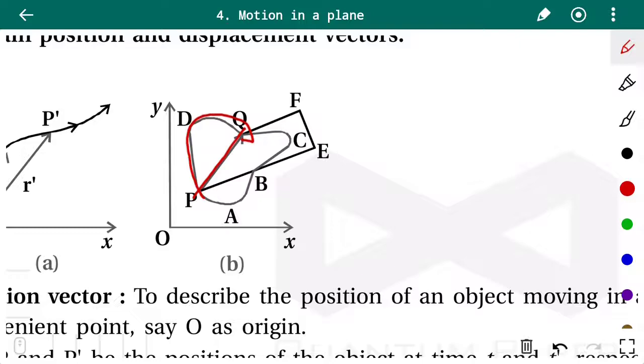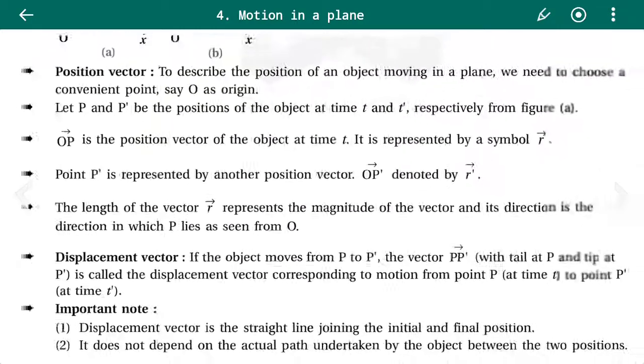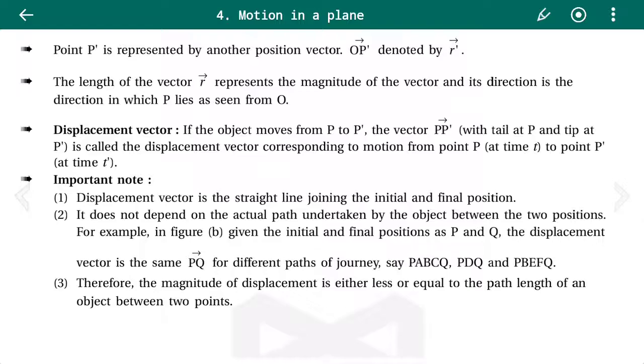And for displacement we require only the initial position and final position, that is P and Q. If we take the path P, E, F, Q, then also the initial position is P and the final position is Q. So whatever path there is, it doesn't matter, but for displacement we require only the initial and final positions. So the displacement vector does not depend on the actual path of the object.